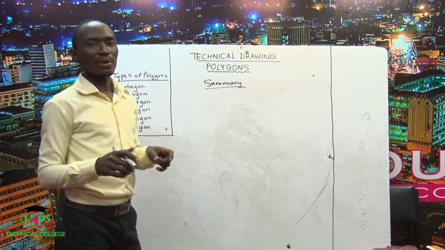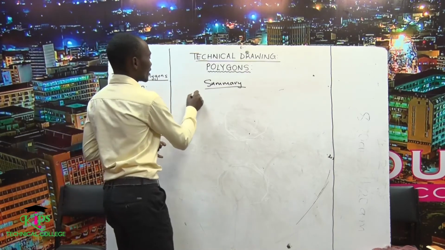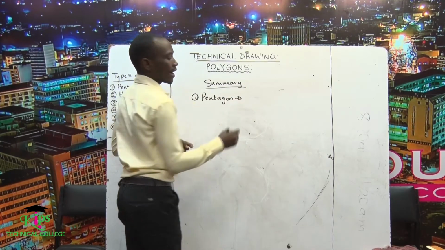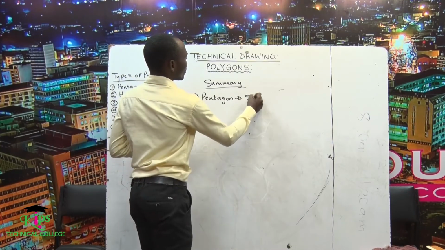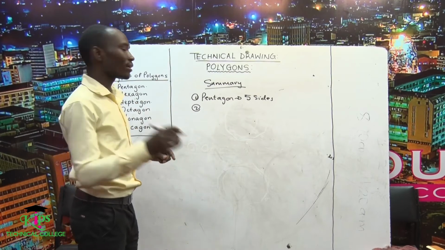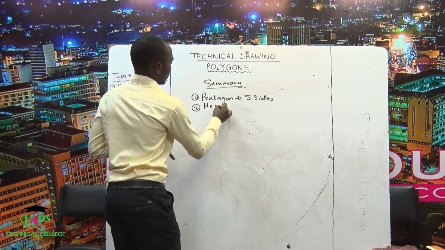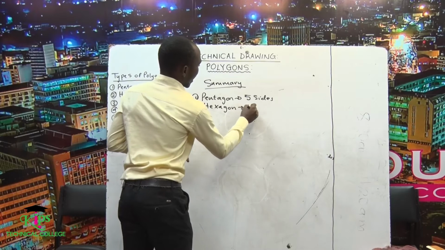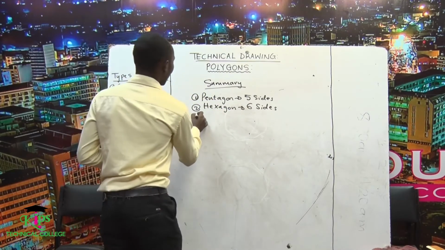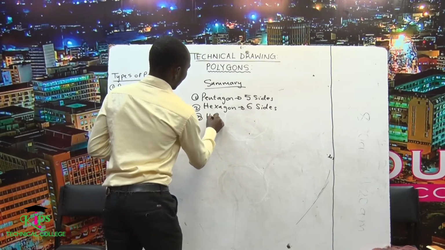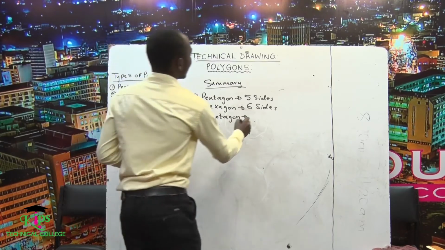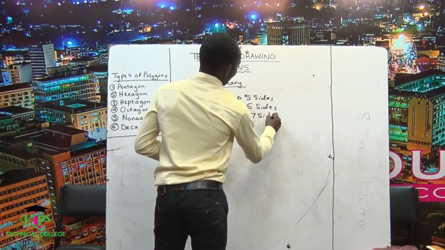Number one, we have a pentagon, which has got 5 sides. Again, we have said a hexagon has got 6 sides. We have the heptagon. This is a figure with 7 sides.